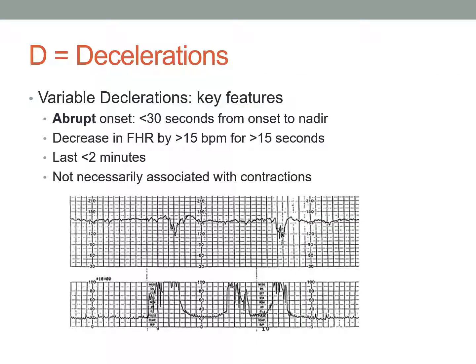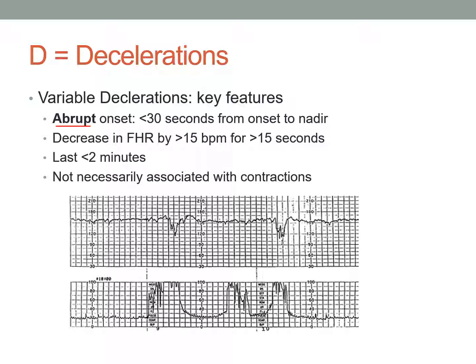Variable decelerations. Now, these differ from early decelerations in that their onset is abrupt. By abrupt, I mean the onset is less than 30 seconds from onset to nadir. There is a decrease in fetal heart rate by at least 15 beats per minute for at least 15 seconds.